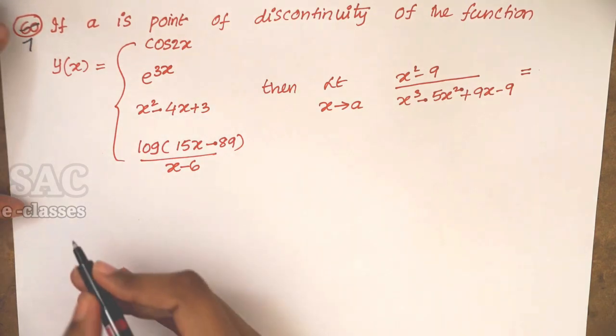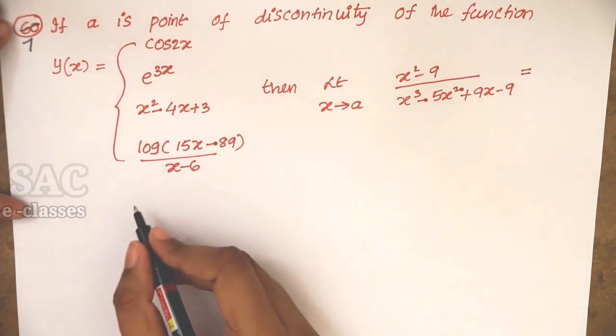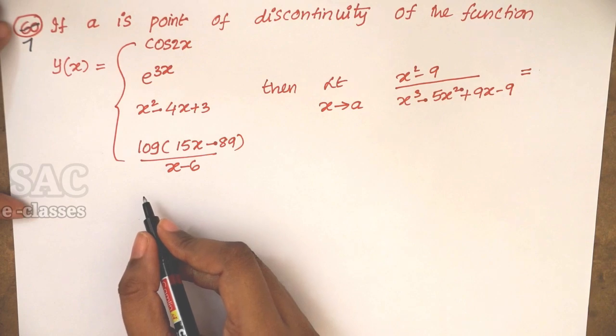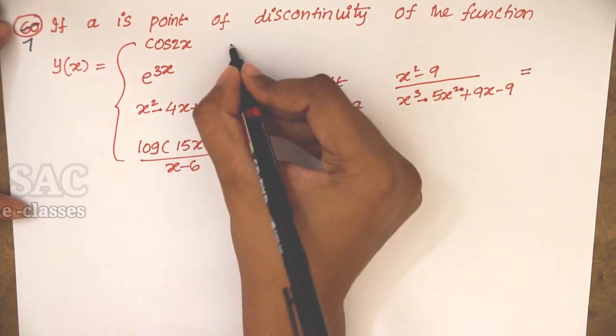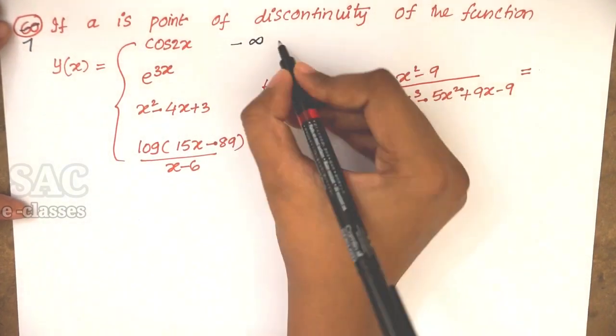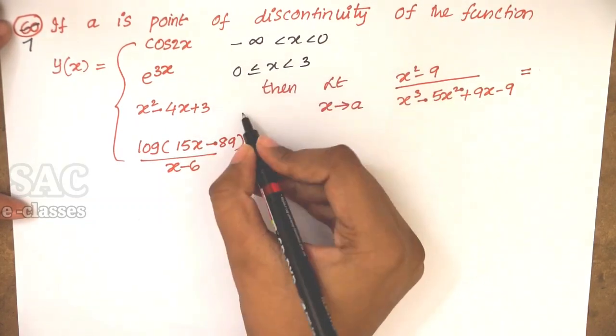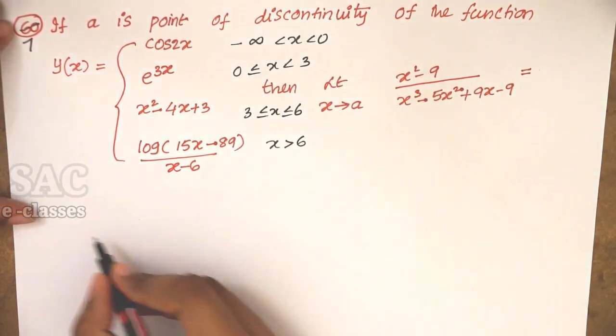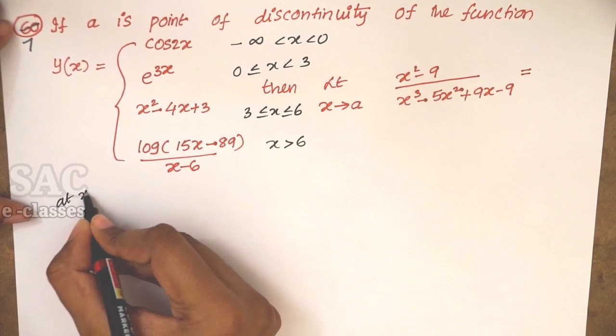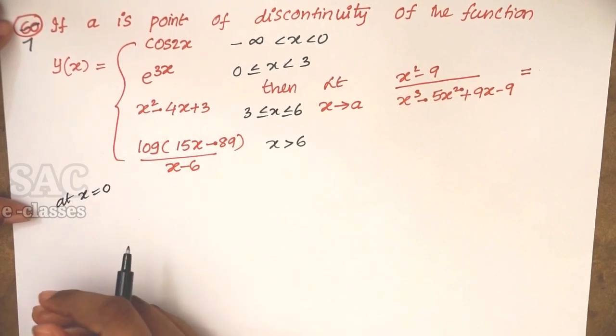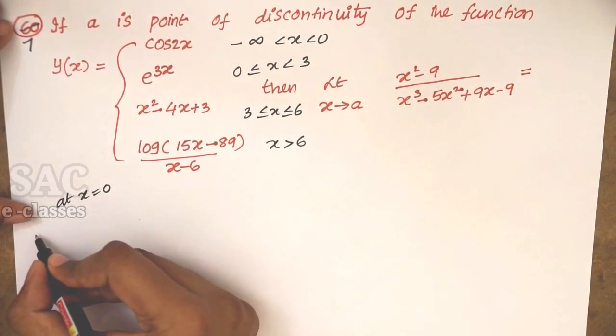Now, if you have observed, at first we have to find out the discontinuity. Let me write the range here. So let me verify at x equal to 0 whether it is continuous or discontinuous.